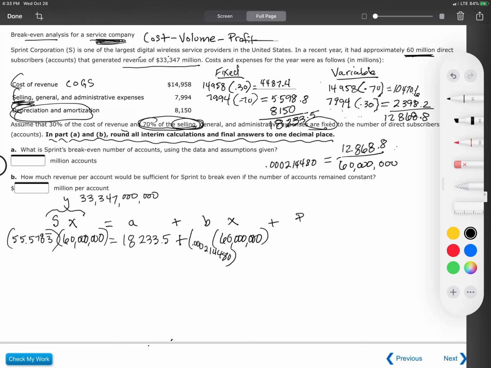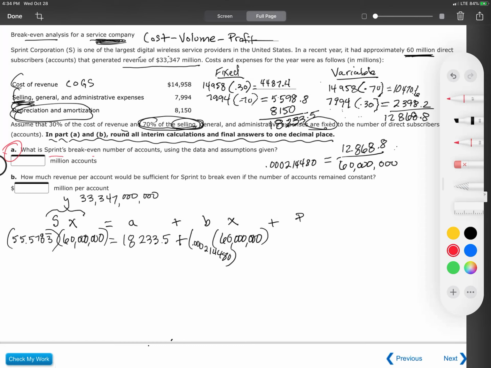Now, I haven't even started answering these questions yet. I was just teaching you how to take a word problem and fit it into this equation. Once you've done this, that means you totally understand the context. And then every question from now on becomes very simple.